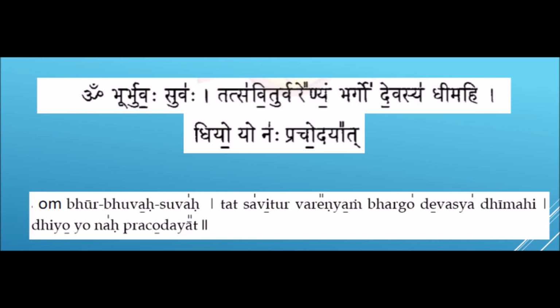Rule number 1: wherever you see an H, just the alphabet H without a dot below, which comes after a consonant, you exert a force there. For example, let us look at the first line.